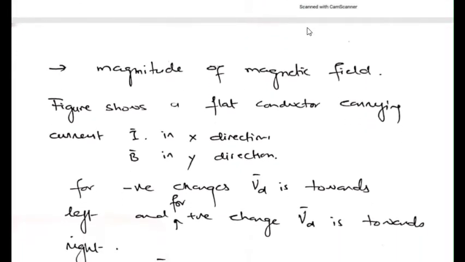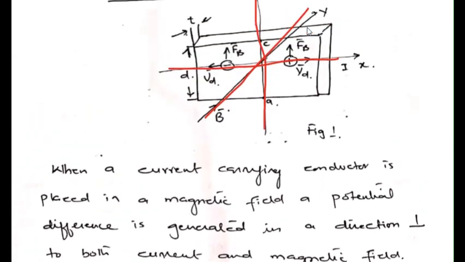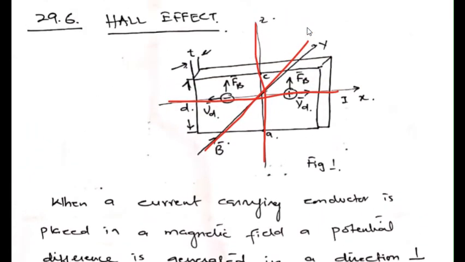In the figure, we have seen that current is moving in the x direction and the magnetic field is in the y direction. We have two different types of charge carriers, negative and positive. Mostly the Hall effect is effective in solid state physics, where we have n-type and p-type semiconductors.